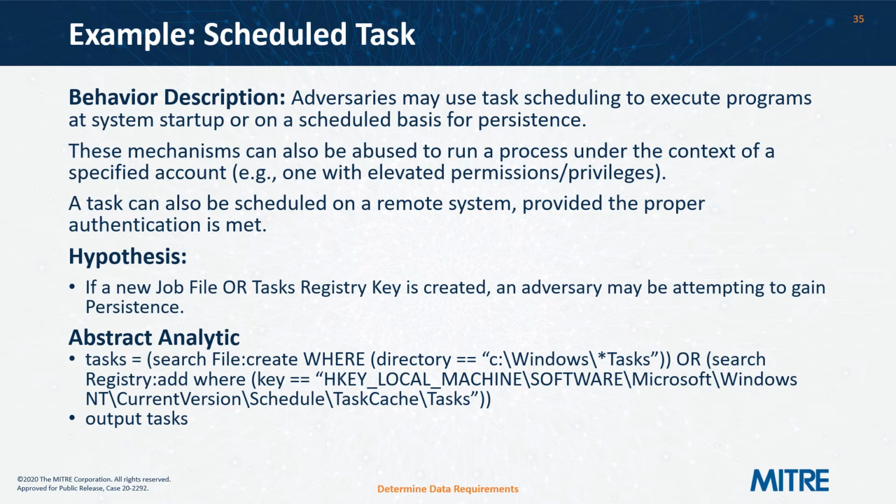Our hypothesis development and research from step 2 led to a component hypothesis about the persistence use case focused on the behavioral invariance of job file creation and task registry key creation. We created an abstract analytic based on that hypothesis around the events of file creation or registry modification.